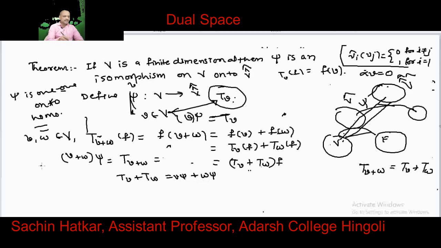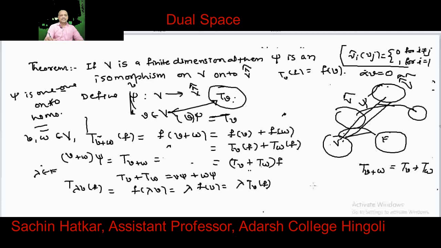Now, see the second condition. For lambda belonging to F, T_{lambda v} of f equals f of lambda v, which is lambda times f of v, and f of v means T_v of f.